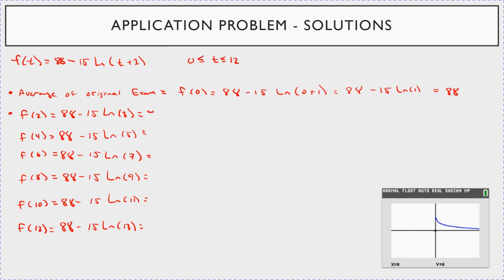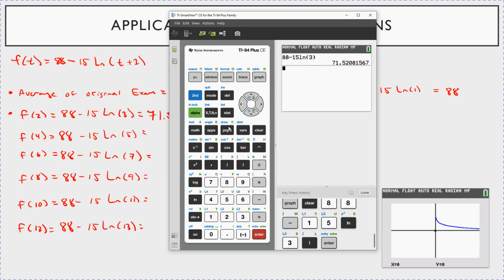Yeesh. All right, so let's see 4 months later. This is 88 minus 15 times the natural log of 5. A little bit of a mistake there. Now it was down to 63.9.